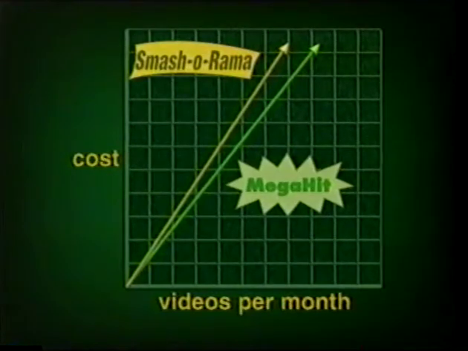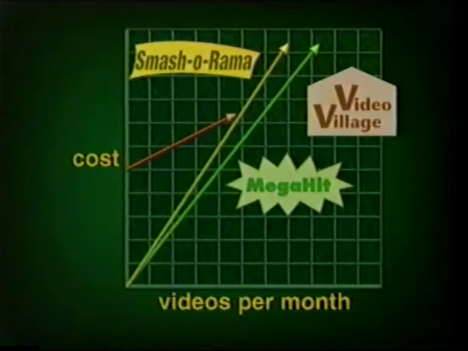But now let's graph Video Village and see how that looks. Yes, now it gets interesting. Even before you rent a single video from Video Village, you're out $5 each month. But over the long run, it can be less expensive than either of the other two, depending on how many videos you rent. This graph allows you to determine where the break-even point is.